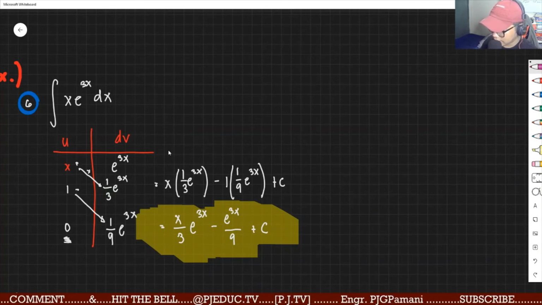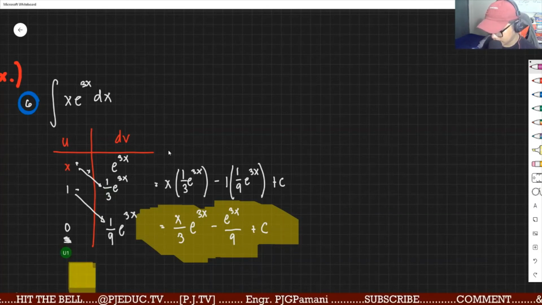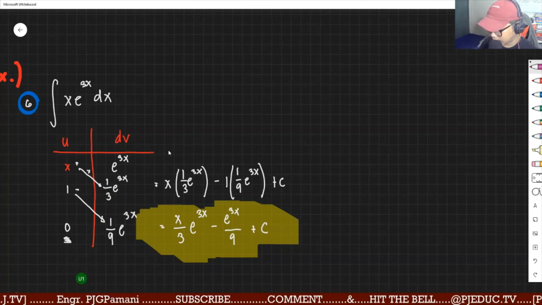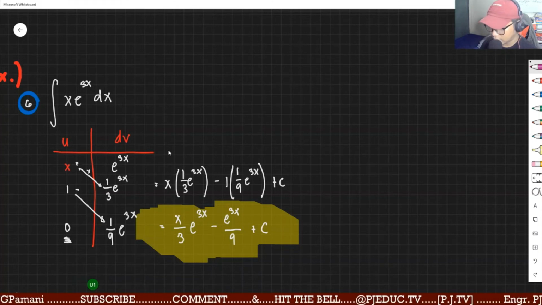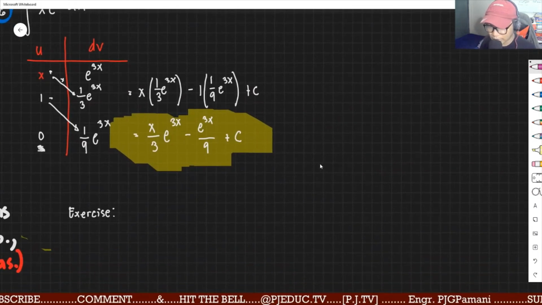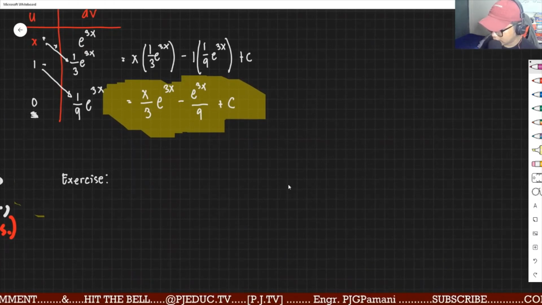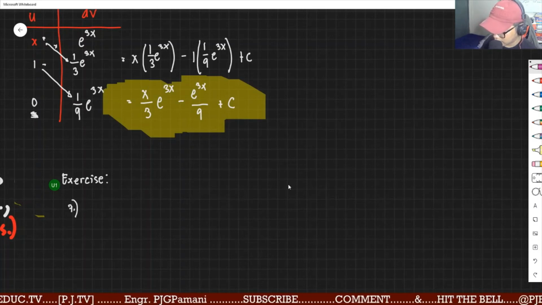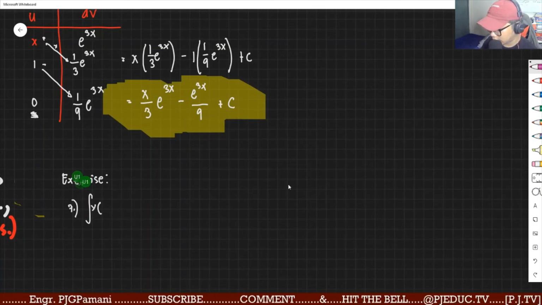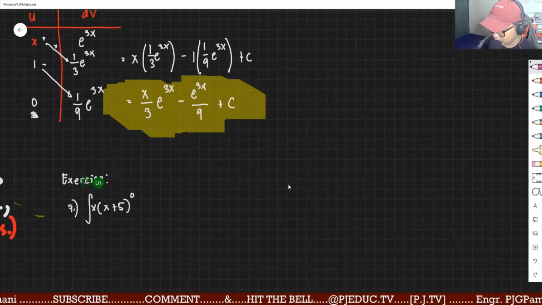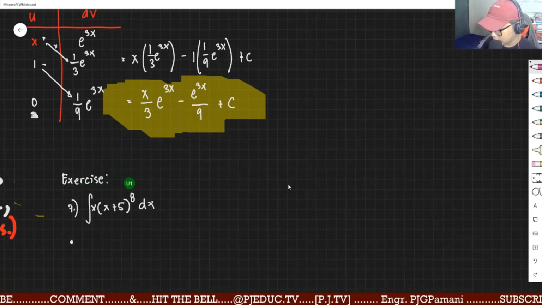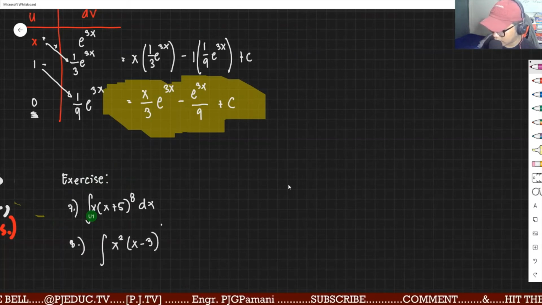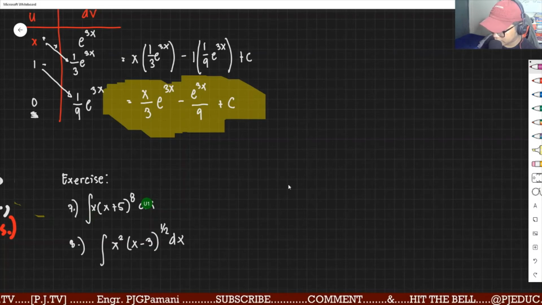So for this topic's exercise problems, try to solve on your own or practice on these problems. Ito challenge ha, practice nyo lang. Practice these given problems. Number 7, evaluate the indefinite integral of x times (x plus 5) raised to 8 dx. Number 8, integral of x squared times (x minus 3) raised to 1/2 dx.